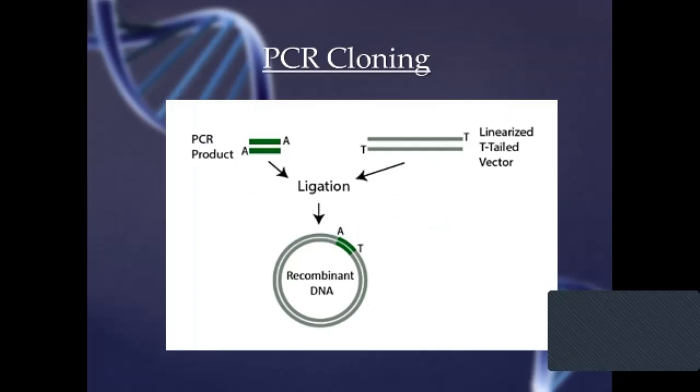PCR amplified inserts contain an adenine residue at the 3' end of the DNA fragments, A-tailed ends. A T-tailed plasmid vector has a single 3' deoxythymidine at each end of the arms of linearized plasmid. Therefore, these PCR products can be ligated into T-tailed vectors using DNA ligase, and the step is followed by transformation.